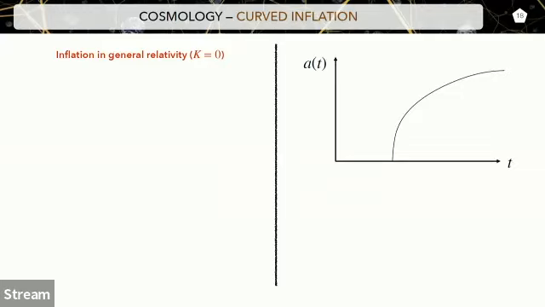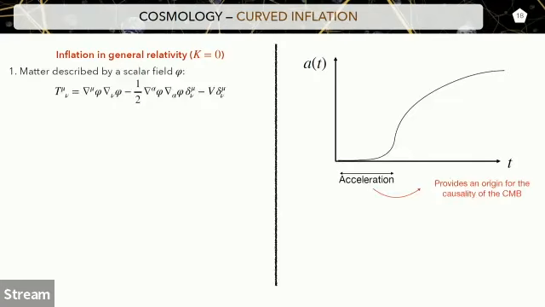And the idea of inflation is to say that maybe we don't have a sharp drop to 0 here. Maybe we have a phase of acceleration that starts at some point. We don't know what was before, but a certain phase of acceleration that lasts for some time. And if we assume this phase of acceleration, or inflation, then we can show that this provides an origin for why the CMB looks the same in any direction.